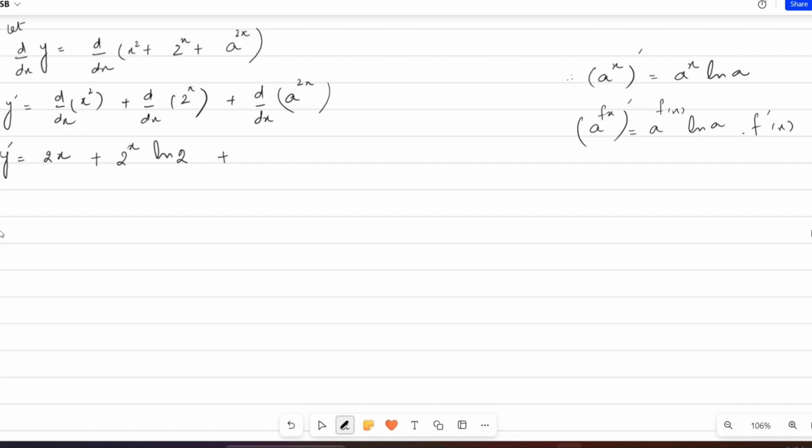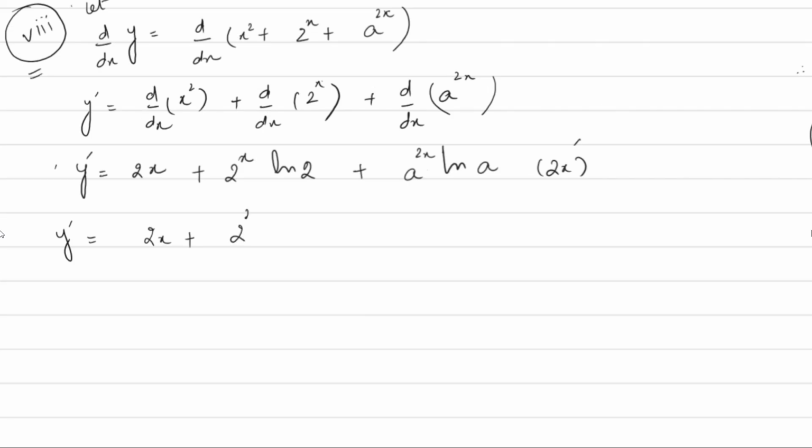It means we have to take the derivative of this f of x as well. So a raised to the power 2x ln a, and the derivative of 2x is 2. So 2x plus 2 raised to the power x ln 2 plus 2a raised to the power 2x ln a, and this would be the answer of this question.